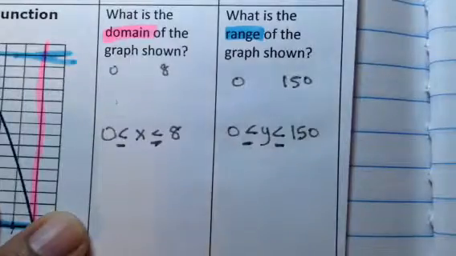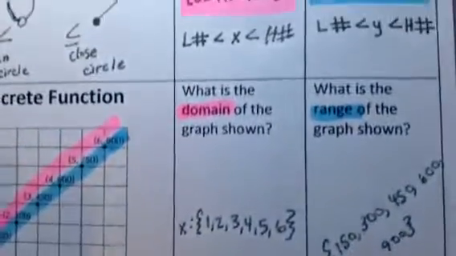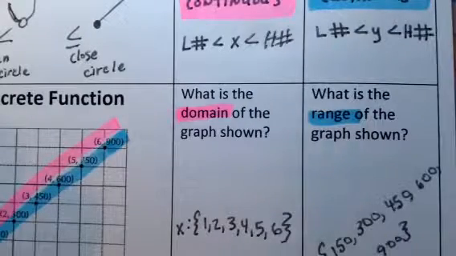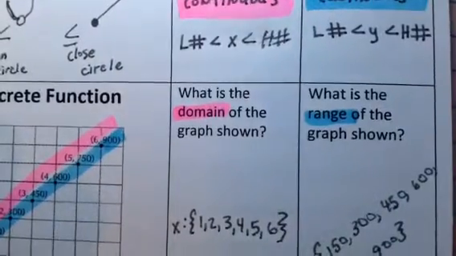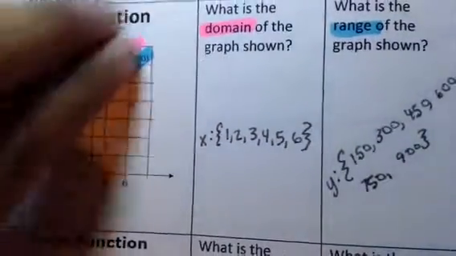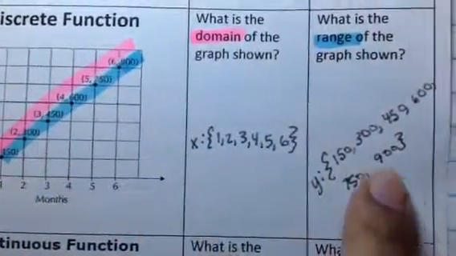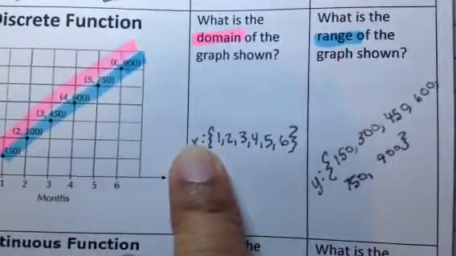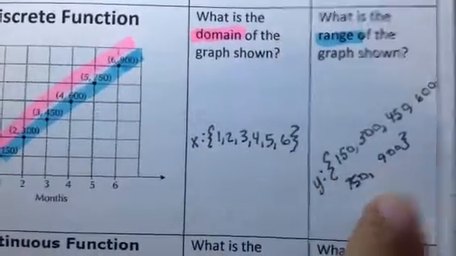So to clarify everything we've talked about today: your domain is your x values, your range is your y values. So domain x, range y. Remember, if you have a discrete graph, you list the numbers from low to high. For your domain, it's the x. For the range, it's the y, still from low to high.